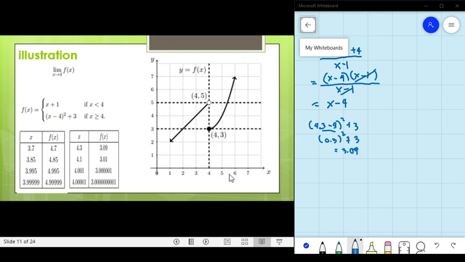Okay? From the right, it gets closer and closer to 3. So, we can say that the limit of f of x as x approaches 4 does not exist.